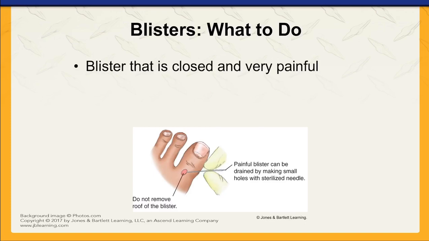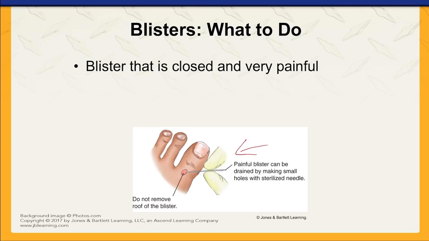Now, for a blister that's closed and is very painful, what can you do? So, first of all, universal precautions: put on your gloves, put on a face mask. If you have goggles, put those goggles on.